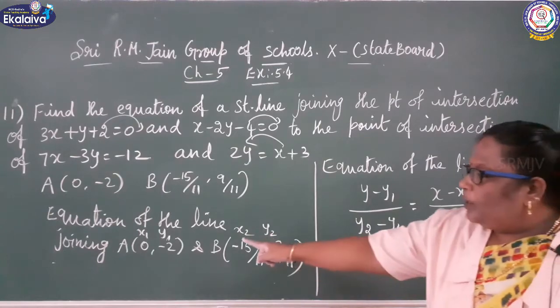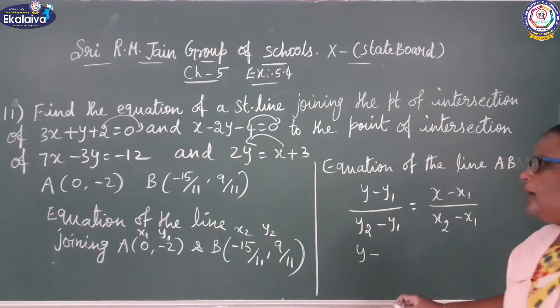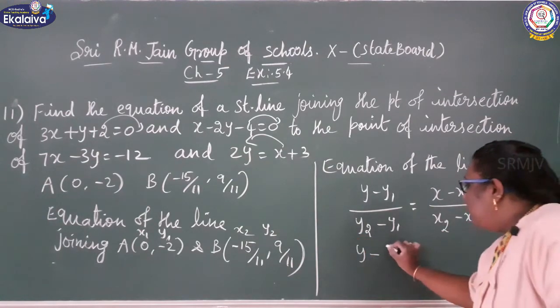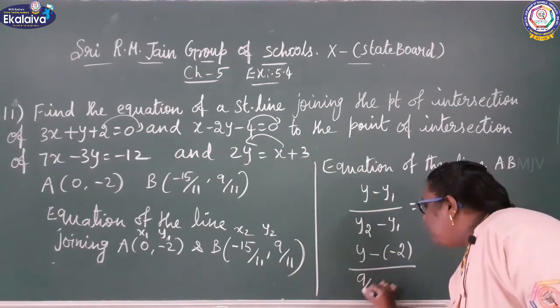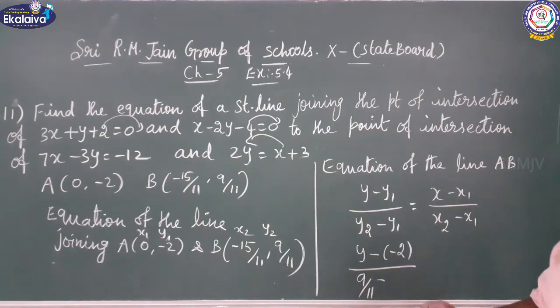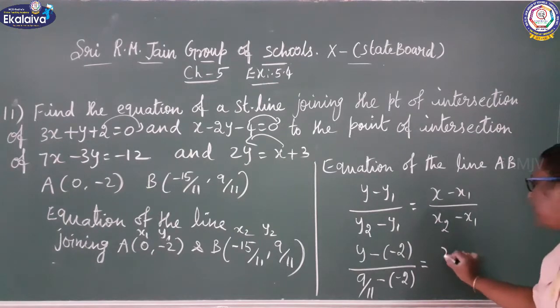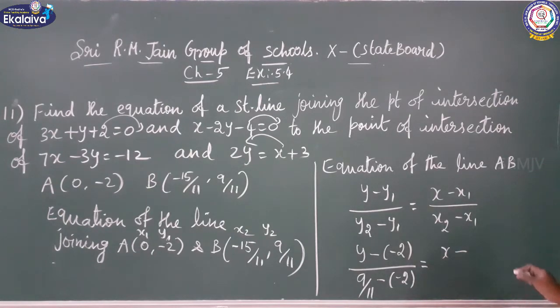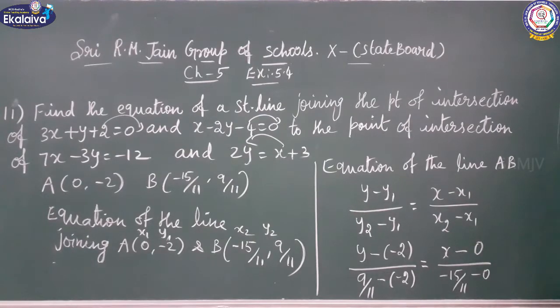So this is x1, y1 and this is x2, y2. y1 value is minus 2, y2 value is 9 by 11 minus y1 value, minus 2, equal to x minus x1 value, x1 value is 0, by x2 value, minus 15 by 11 minus 0.